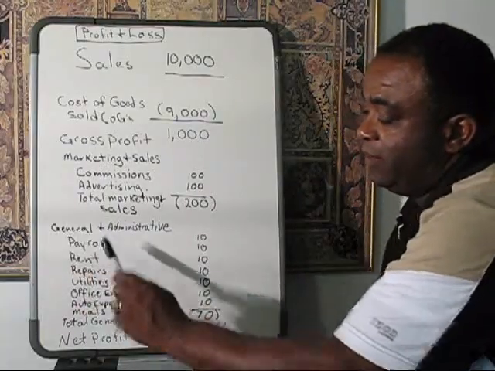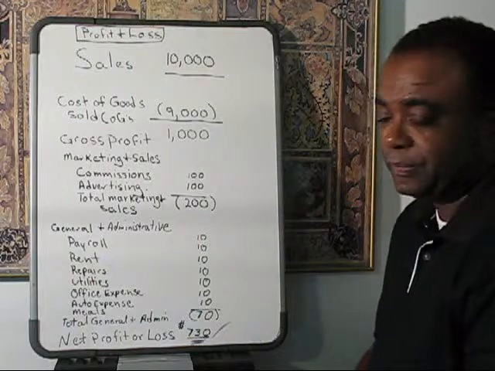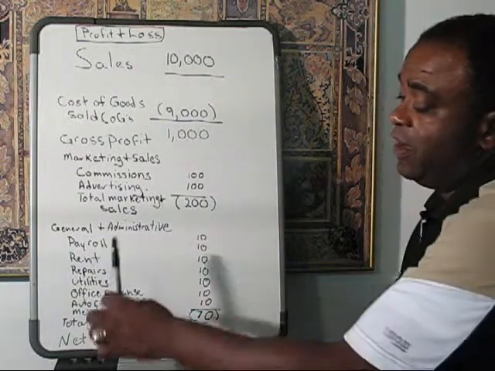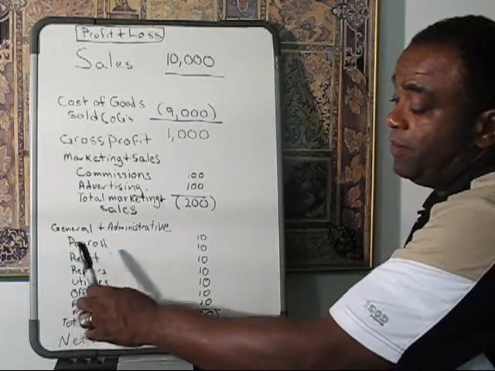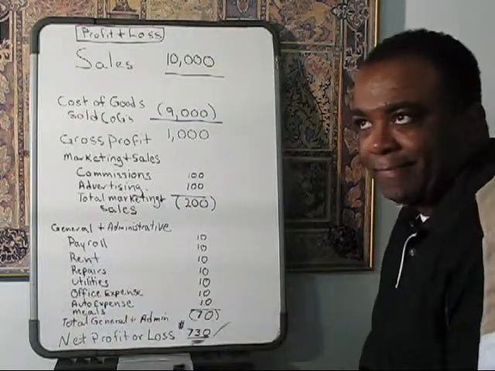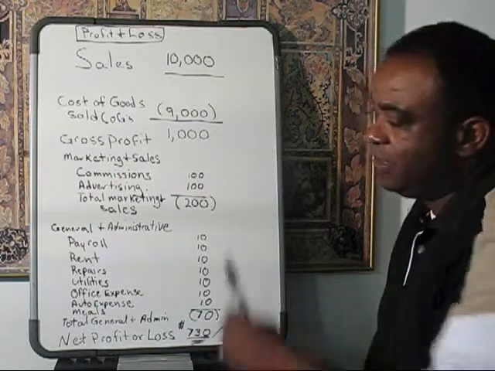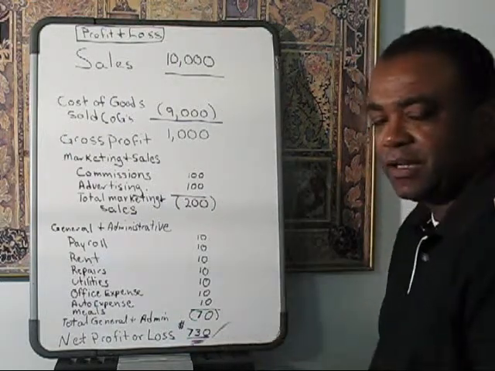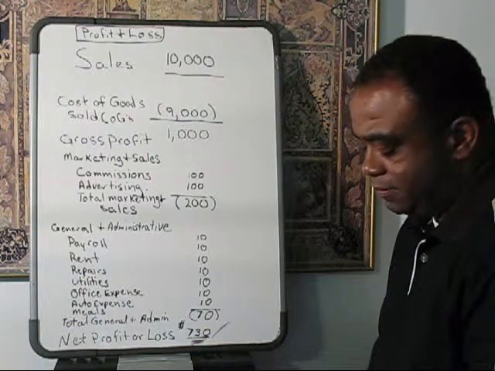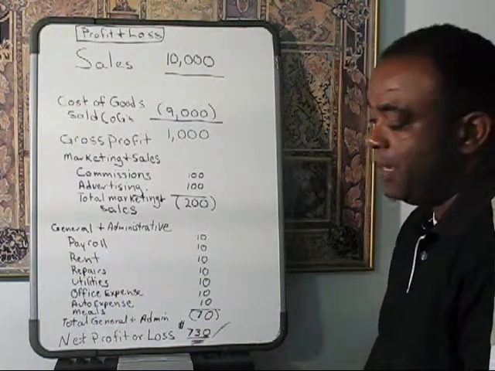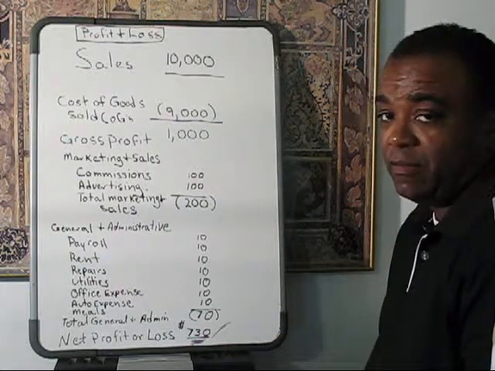Now we've added the general and administrative sections. The general and administrative sections of the profit and loss statement, I listed a few things, but I didn't list all the items just for the sake of this particular whiteboard that I have, which is kind of limited on space, but you'll get the idea of what I'm trying to show you.